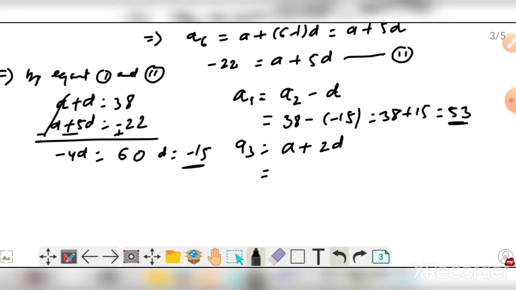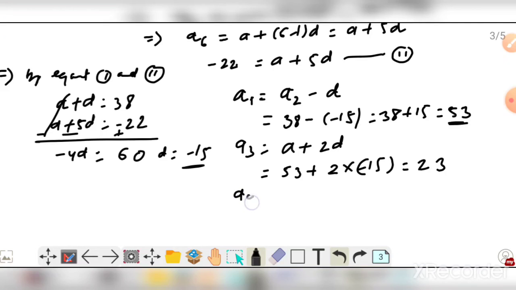A is given. Now we can find out A3 is equal to A plus 3 minus 1, 2D. Okay, so A we got 53 plus 2 into minus 15, so this will be 53 minus 30, this will be 23.